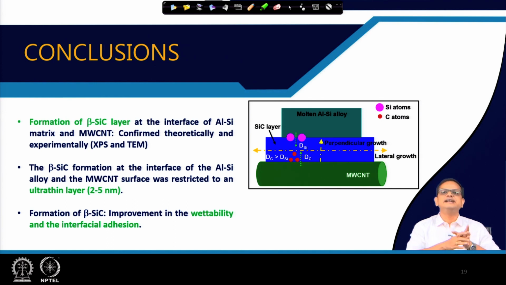Okay. In the next few classes, I will come with some more examples just to let you know how we should analyze interface in composite materials. From the beginning of the interface chapter, I am mentioning that understanding interface is the most important part in composite material, because all the properties are dictated from the interface point of view.